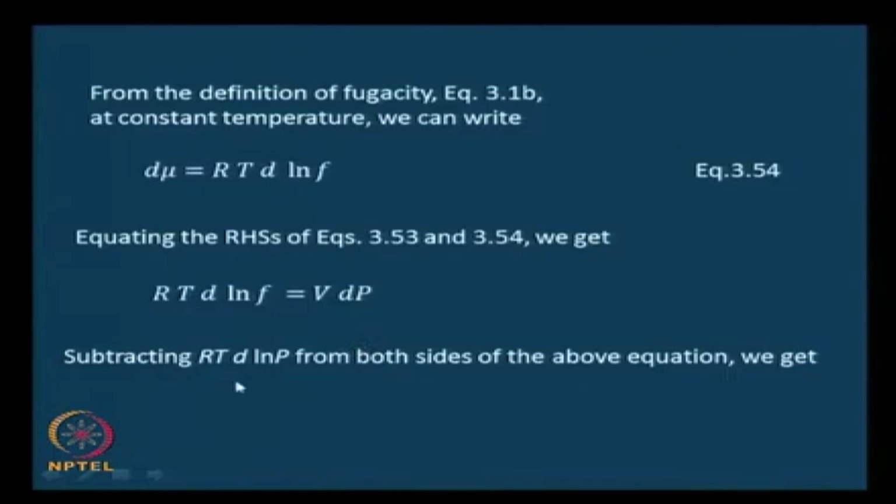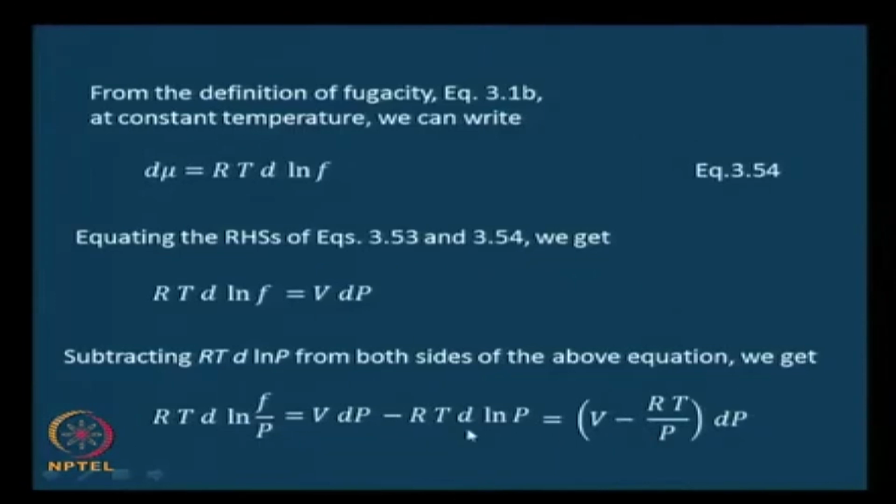So, if we subtract RT d ln p from both sides of the above equation, we can write this as RT d ln f minus RT d ln p. The ln of A minus ln of B is ln of A by B, and therefore, we can write this as RT d ln f by p, and the right hand side of course is V dp minus RT d ln p.